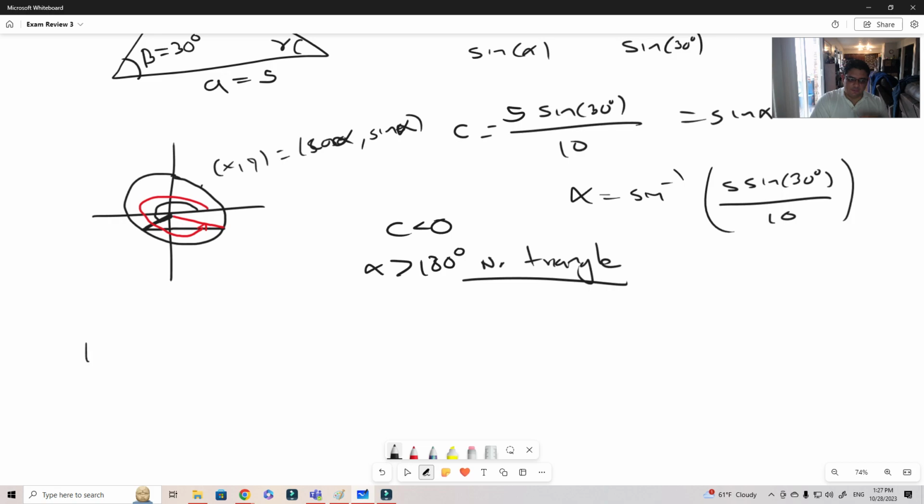So if sine of alpha equals some C bigger than 0, then we're in the upper cases. We have this angle here, which is my theta 1 or my alpha 1, and we have a second angle that can go with this one.